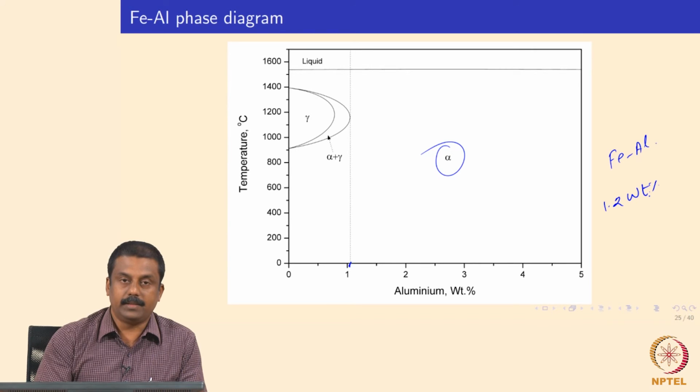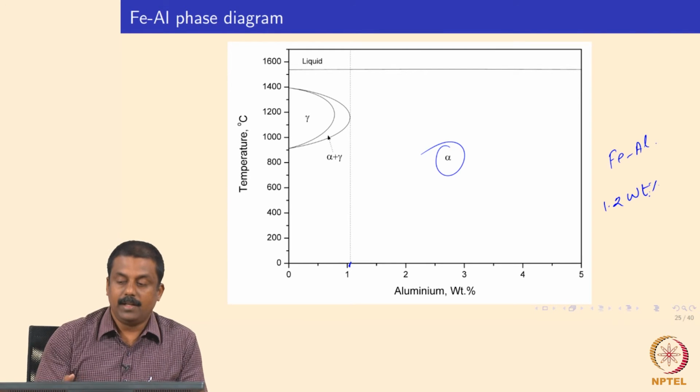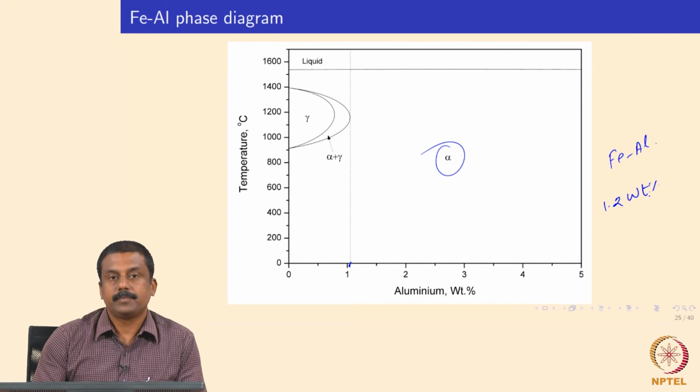That is what you clearly see in the aluminum containing strip steel fusion boundary. When the liquid solidifies into delta ferrite, aluminum partitions towards the delta ferrite, and when the aluminum concentration in delta ferrite reaches beyond 1.2 weight percent, the delta ferrite cannot transform to austenite. So this delta ferrite remains as delta ferrite at room temperature.